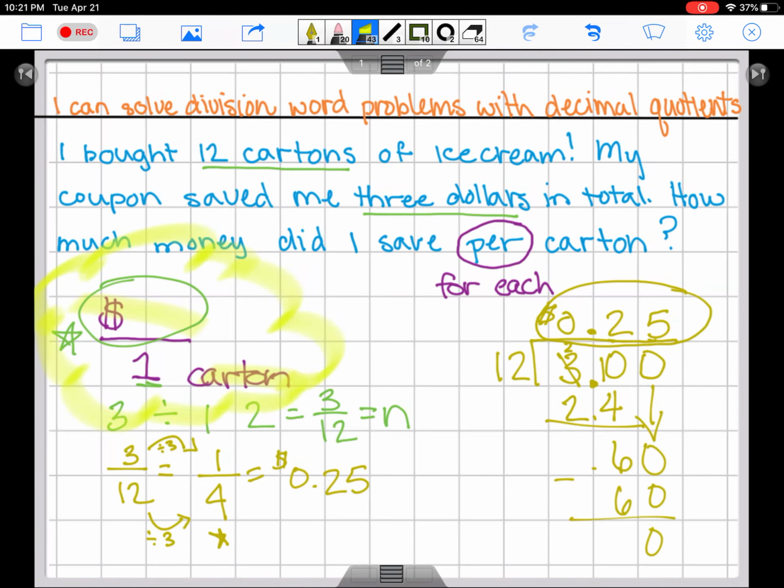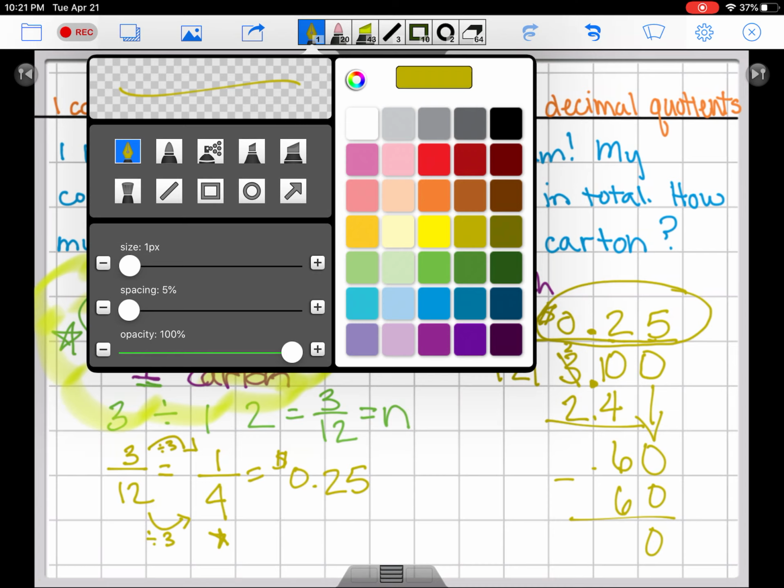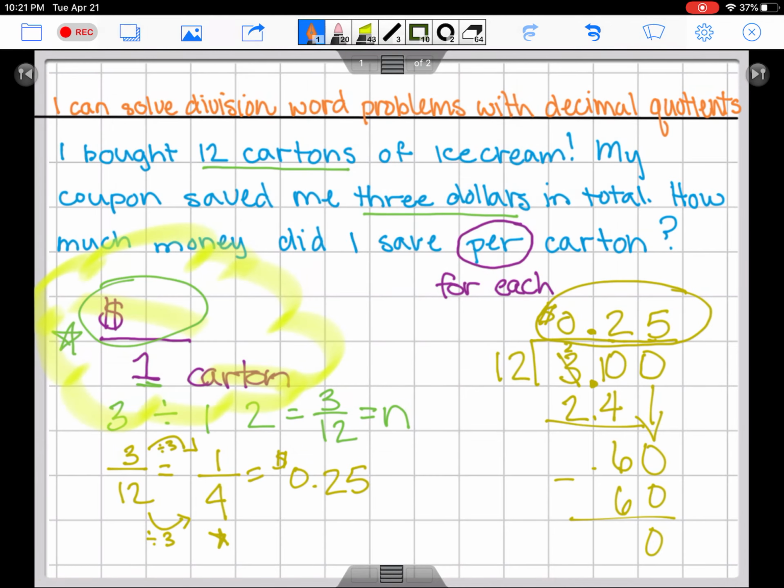And if we want to put this up here in our little answer area that we created, let's see, I'll pick a vibrant color. 25 cents per carton. 25 cents over every carton was how much money we saved. Alrighty? We got 12 cartons, saved $3.